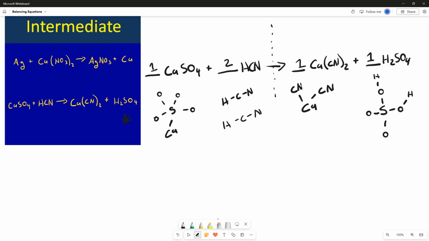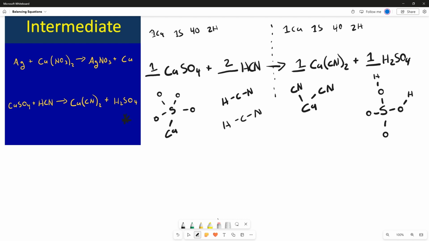Let's just write everything up here to make sure. So we got 1 copper, we have 1 copper over here. For sulfur, we have 1 sulfur, we have 1 sulfur. For oxygens, we have 4 oxygens, we have 4 oxygens. And then for hydrogens, we have 2 hydrogens over there, we got 2 hydrogens over here.